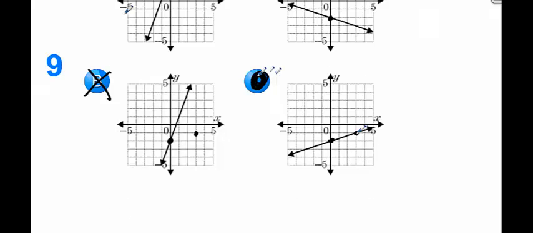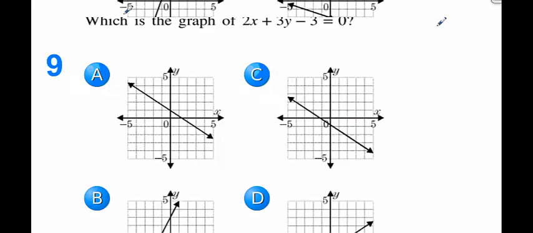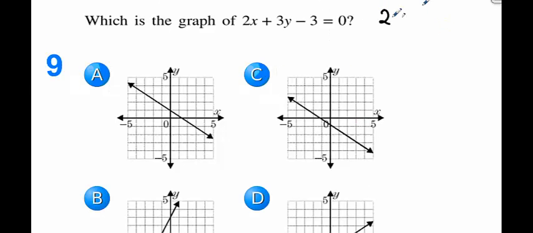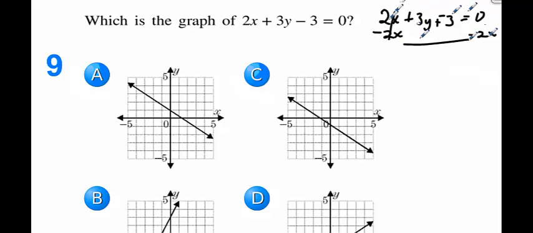Number 9, which is the graph of 2x plus 3y minus 3 equals 0. So we have to get y by itself, so we have to manipulate this equation. Okay, same change opposite. So let's move the 2x over here. So I'm left with 3y plus a negative 3 equals negative 2x plus 0, or nothing.